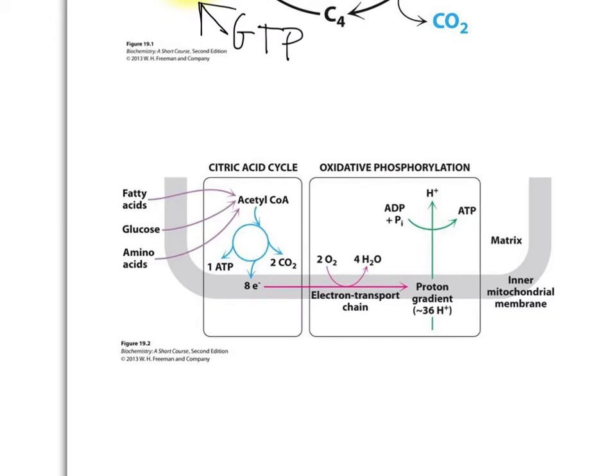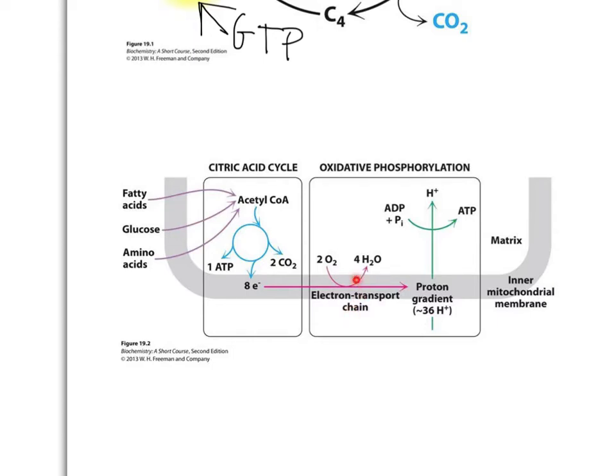Oxygen is the final acceptor of the electron transport chain, and the very exergonic reaction that results is the formation of water. That drives all this process forward, because no matter how favorable these reactions are, they're linked to a very, very favorable reaction, the formation of water, and that's enough to pull all of these reactions forward.